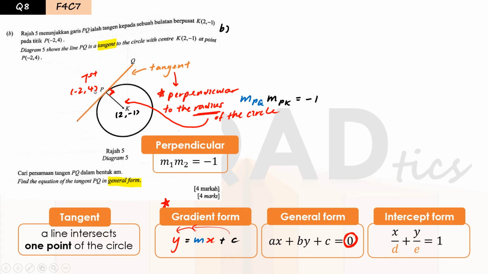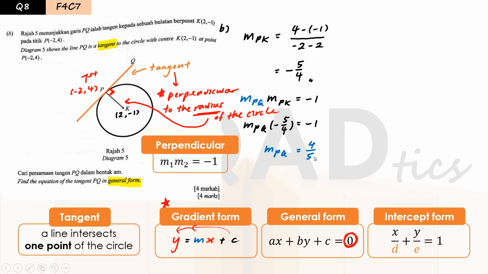So y1 minus y2, it's 4 minus minus 1, over x1, which is -2, minus x2, which is 2. Alright, once we simplify, we get the gradient of this line, -5 over 4. And now we can substitute inside this formula here to find the gradient of PQ. So we move this to the other side, meaning divide by -1, then we get 4 over 5.